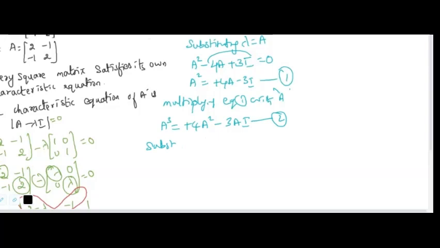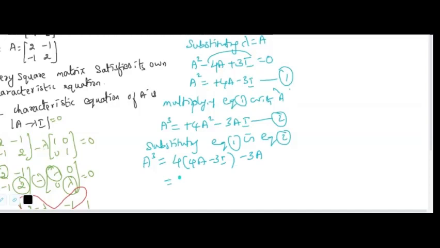Substituting equation 1 in equation 2, we get A cube equals 4 into (4A minus 3I) minus 3A into I is A itself.